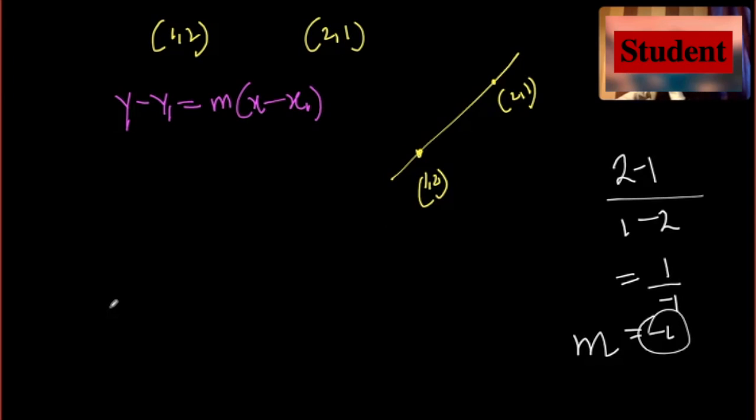Is it minus 1 over 1, which is minus 1? Okay. Now find the equation of the line.